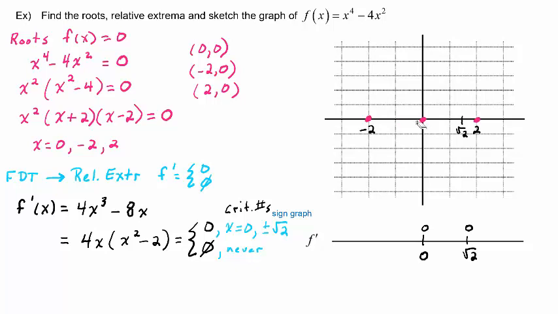And then negative radical 2 is going to line up over here. And we can bring that down on the sign graph. We know the derivative is 0 there. Now we have to do test points.